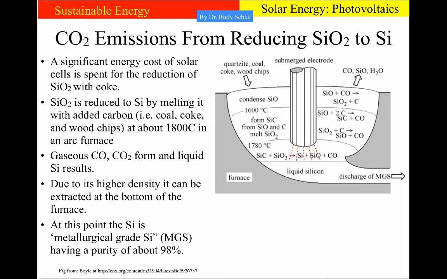This is a schematic of the arc furnace coke reduction process. Essentially, one has a submerged electrode and liquid silicon oxide mixed with some source of carbon.